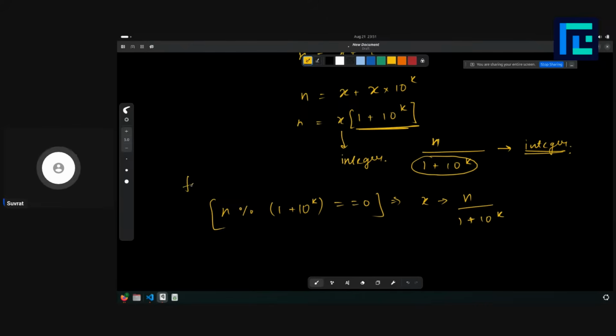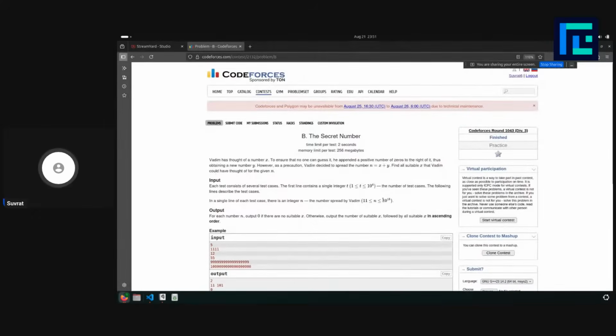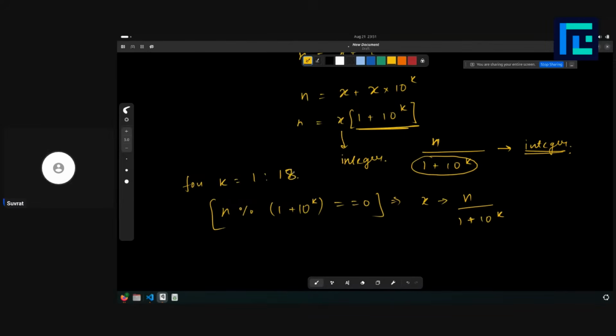And we can loop over k from 1 to, let's say, 70, because n is till 18, right? So let's just do this. So this will be calculated in O of 18. So overall time complexity would be O of 18 into t.